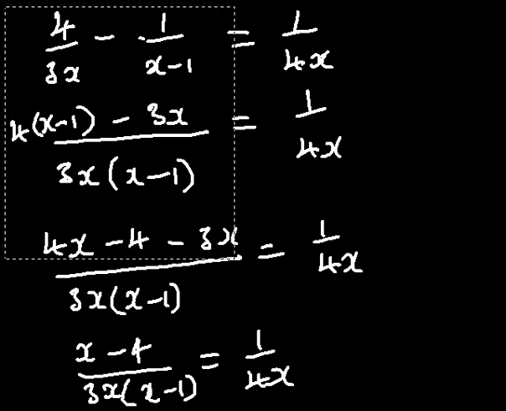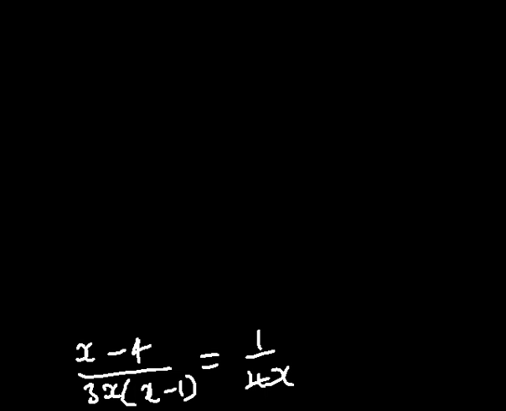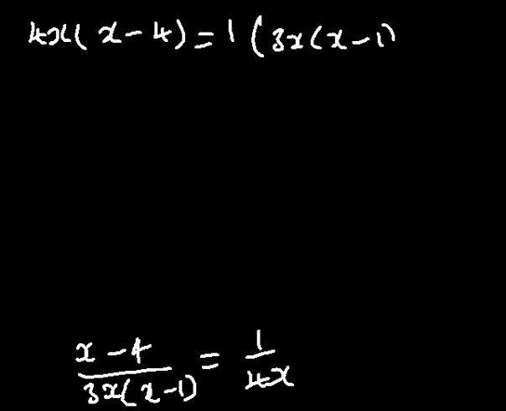Then what will go up next? As you can see, we have to cross multiply. We have 4x times (x minus 4), which is equal to 1 times 3x times (x minus 1).